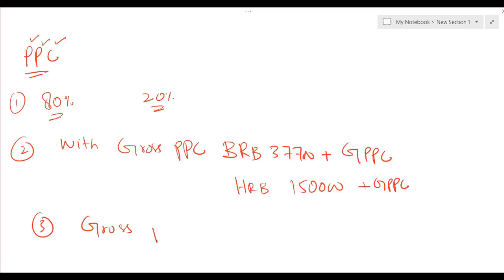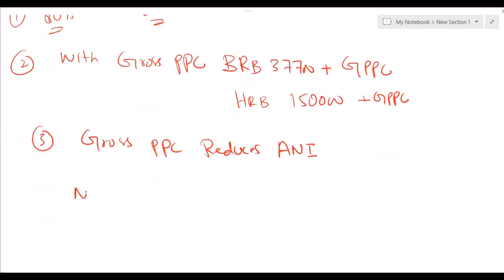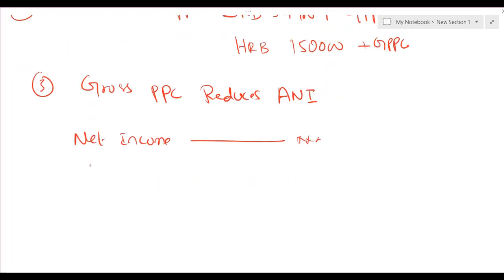Gross PPC reduces adjusted net income. So what is the benefit of reducing adjusted net income? What is adjusted net income? Now let me explain. Net income, whatever it is, from this we need to deduct gross PPC.